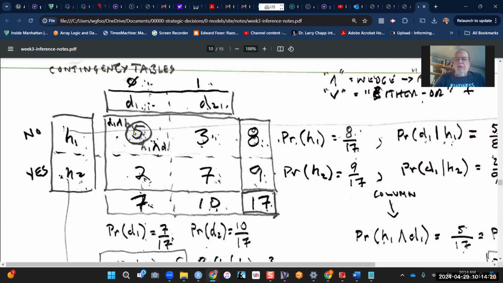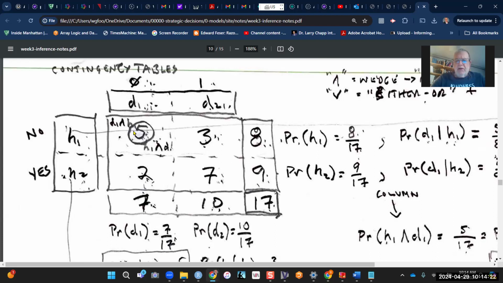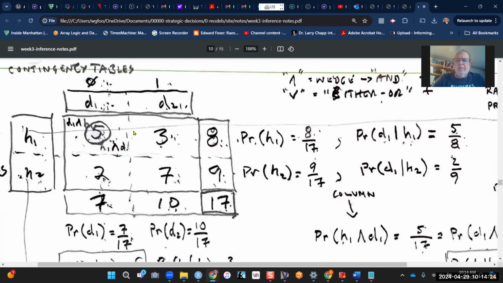And we're going to do some conventions here, mathematical conventions. It's really notation. It's an expression. It's not mathematical per se in that sense. We're going to say, shorthand, the probability PR of H1 is 8/17.